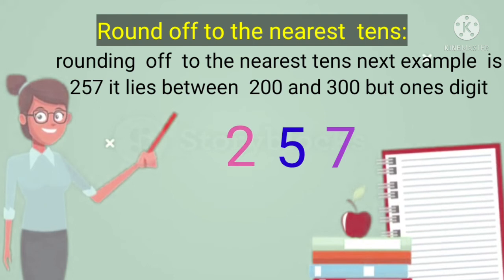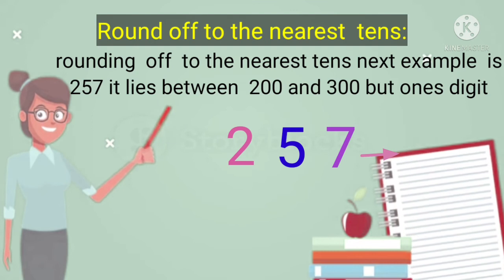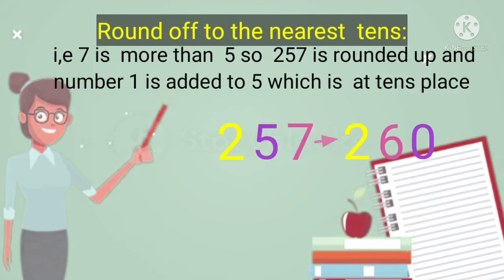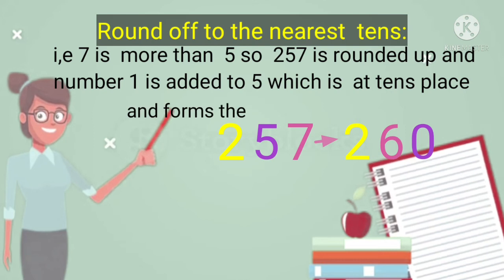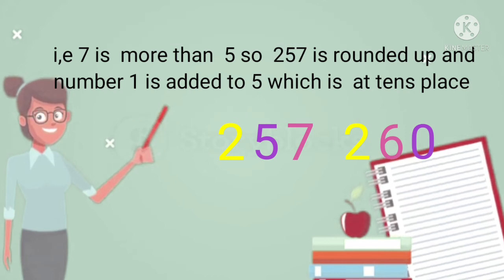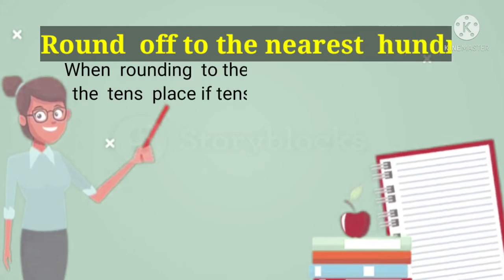The next example is 257. It lies between 200 and 300, but the ones digit, that is 7, is more than 5. So 257 is rounded up, and 1 is added to 5, which is at the tens place, and forms the number 260.